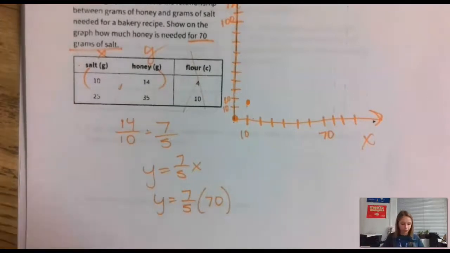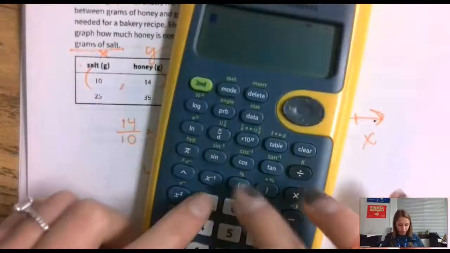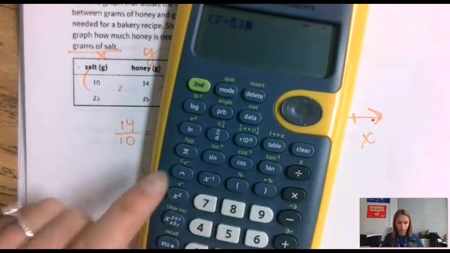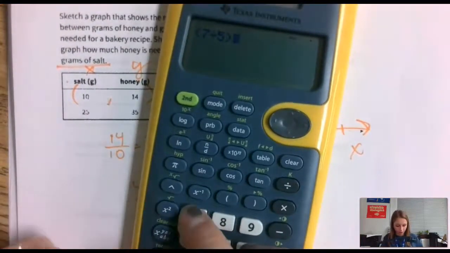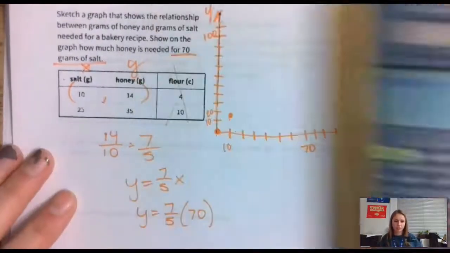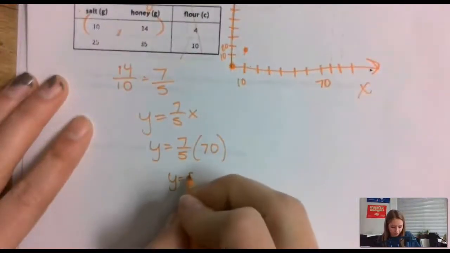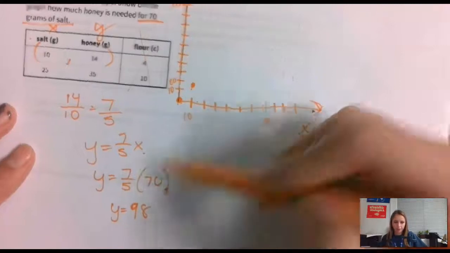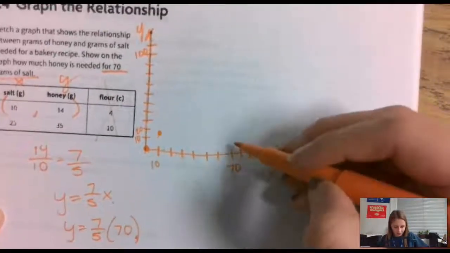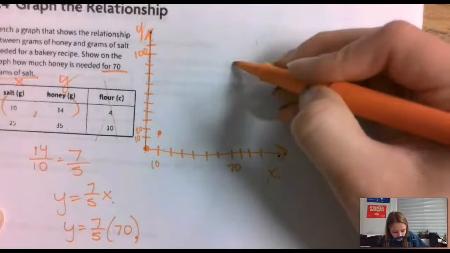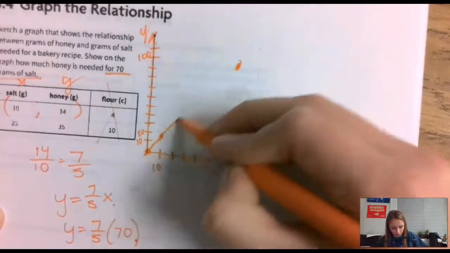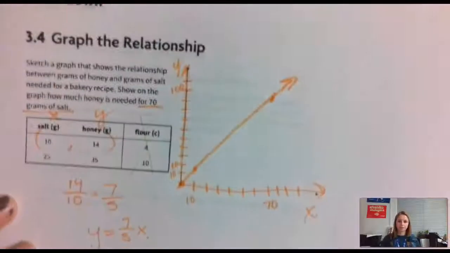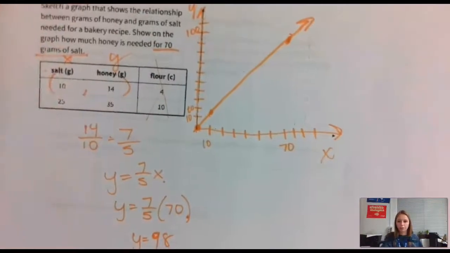If you plug that into your calculator, 7 divided by 5 times 70 equals 98. So when my x is 70, my y is 98. There we go. And there's our line. So that one's not too bad there.